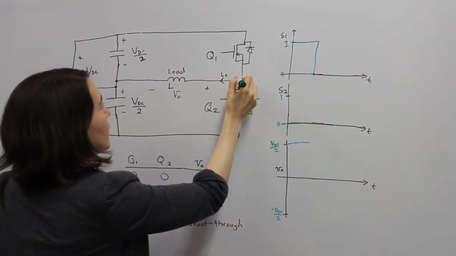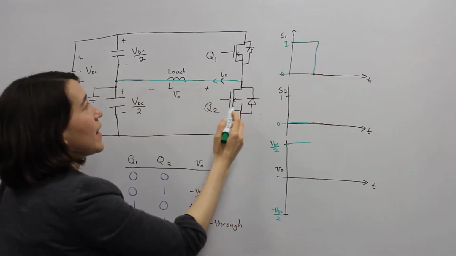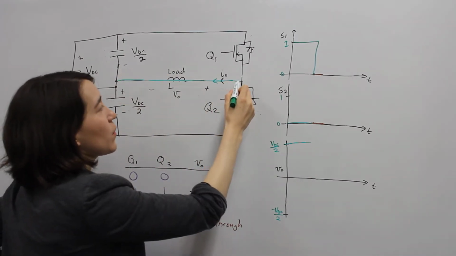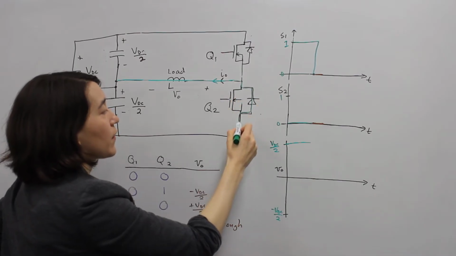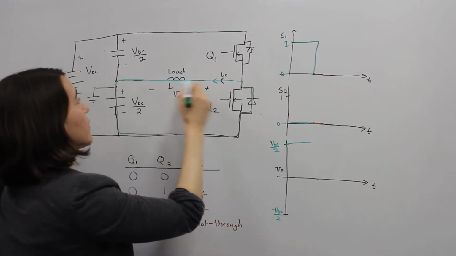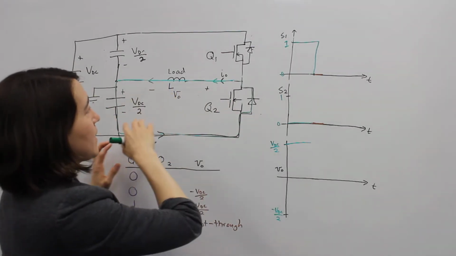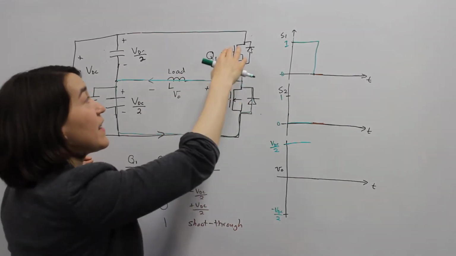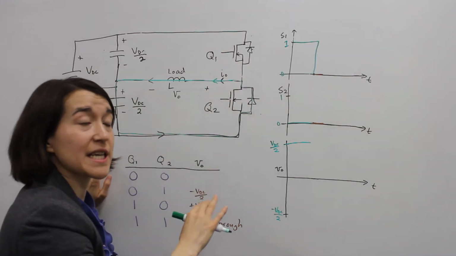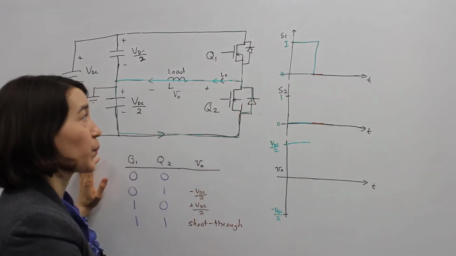Then if current is flowing in this way, it can actually flow through this body diode of our bottom switch. So we can get some current flow in this direction. For that instance of time, this will still be flowing even though both switches are off. So during the dead time, there are passive diodes that the current can flow through.